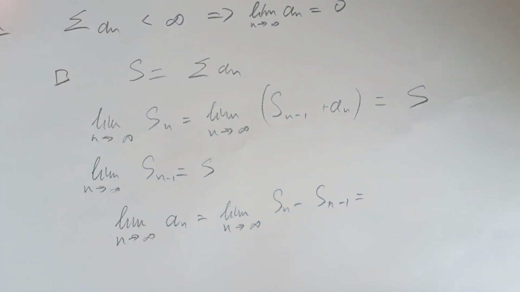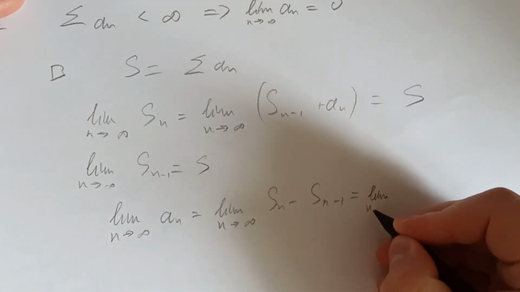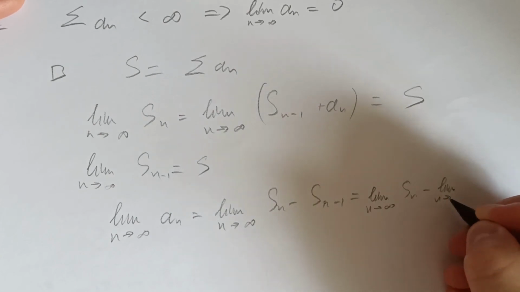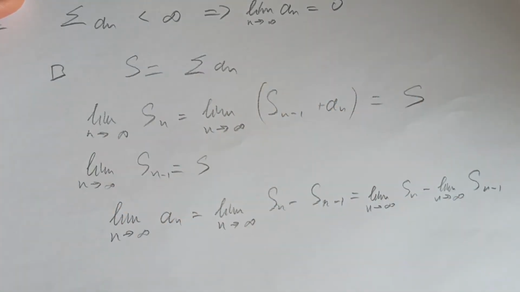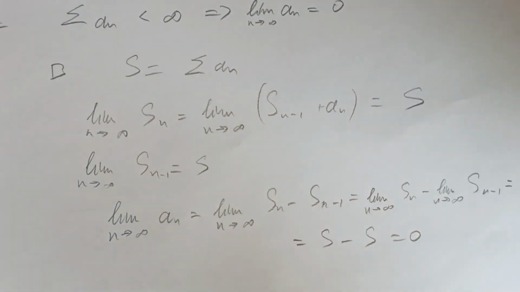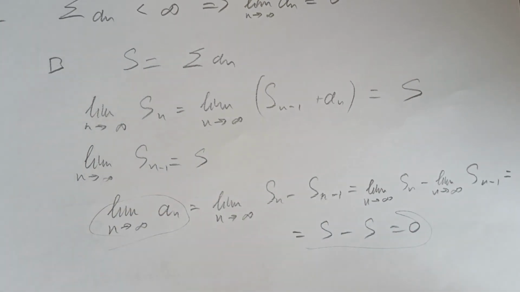So for finite limits we can write them down separately. This will be the limit of Sn minus the limit of Sn minus 1, which will be S minus S, which is 0. And there we have it, and the limit is 0.